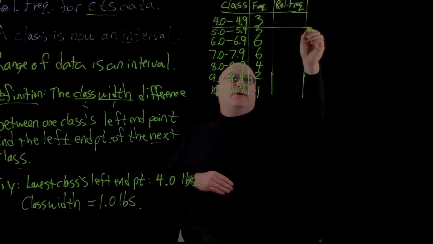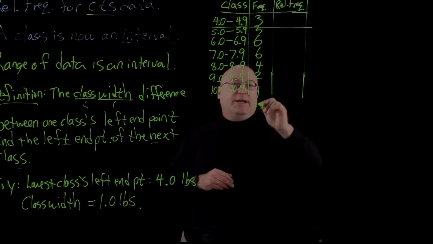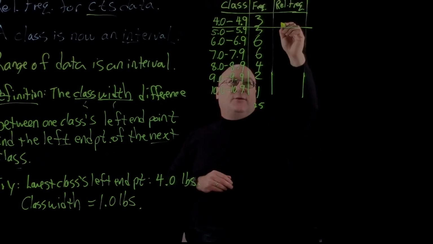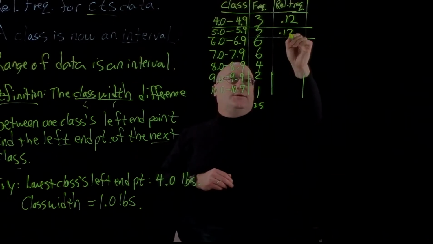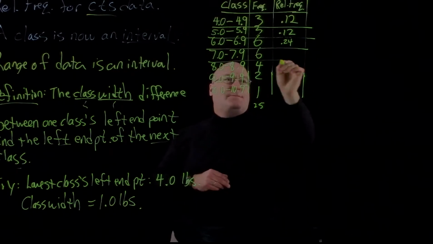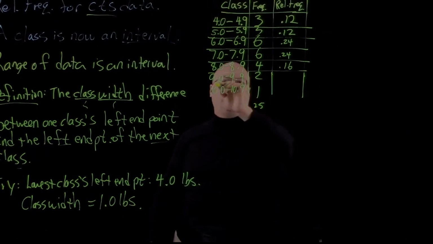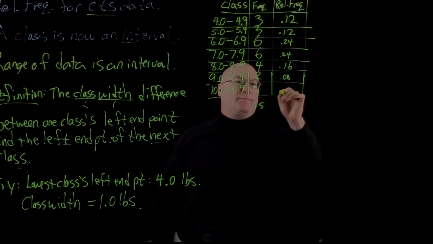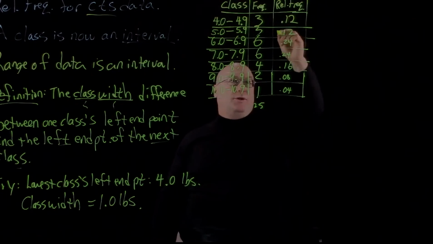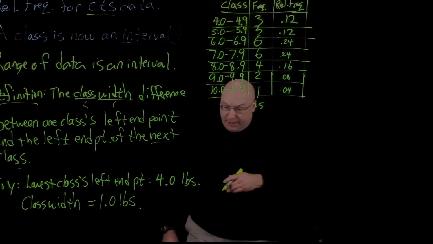So my relative frequency over here is 3 over the total, which is 25. So I get 3 over 25, which is 0.12. Here is 0.12. This will be 0.24, 0.24, 0.16, 0.08, and 0.04.